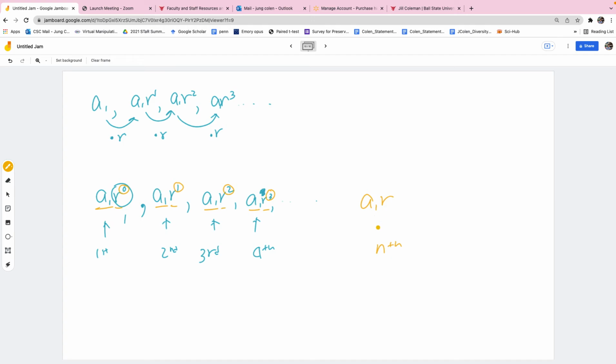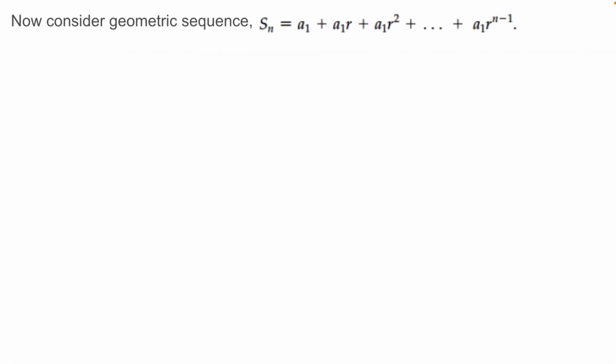The nth term will be R to the n minus 1, right? So in a geometric sequence, when you multiply by a number constantly to get the next number, a sub n is a sub 1, the first term, times R to the n minus 1 power. Okay, so that is a geometric sequence.